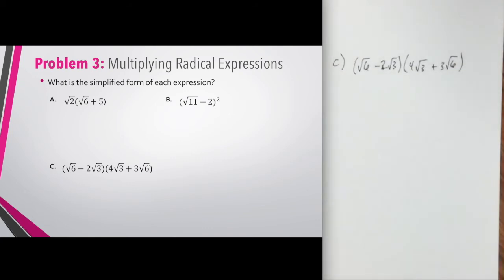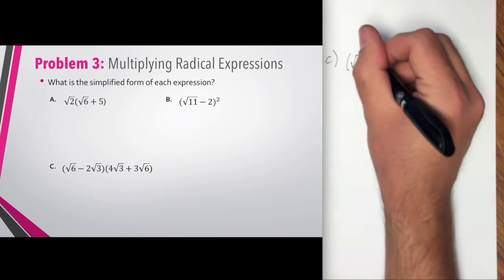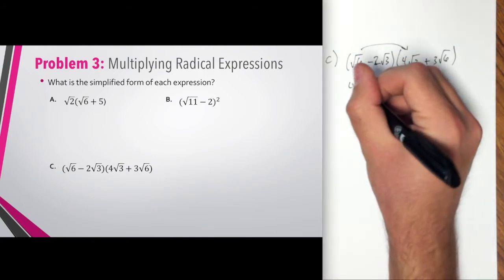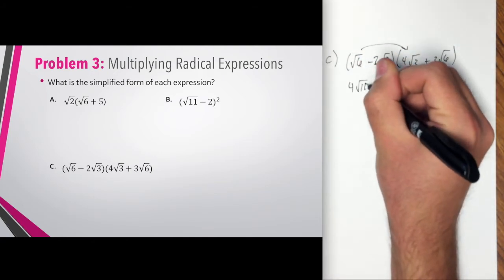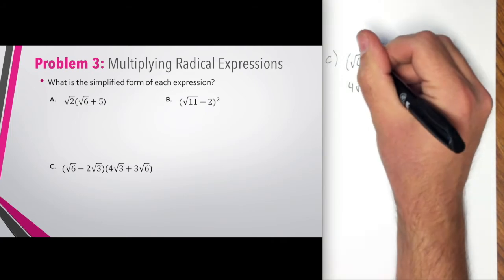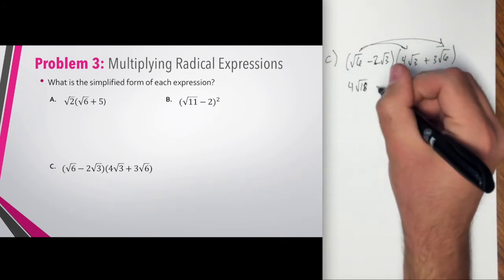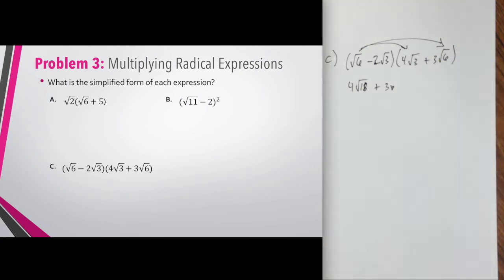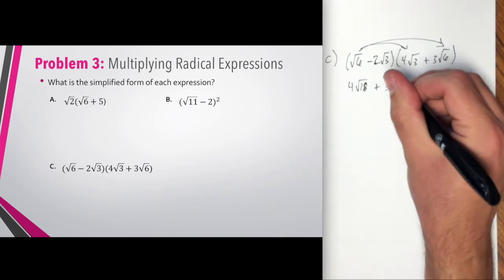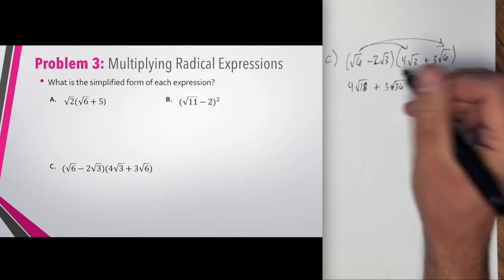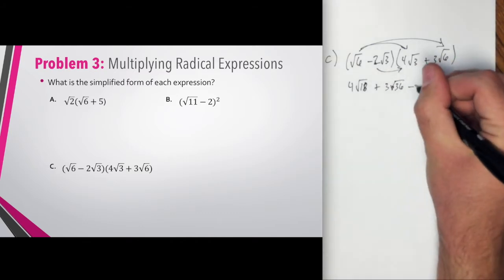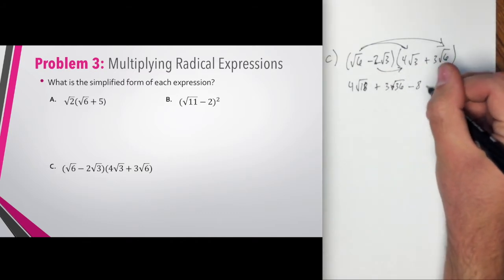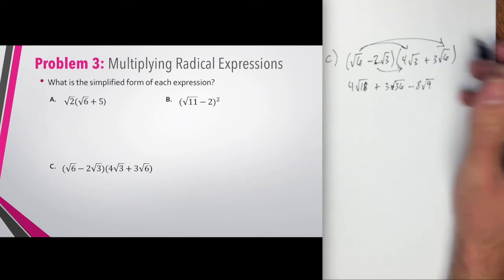Okay, again, FOIL or distribution. First one is 4 square roots of 18. Outer would be plus 3 square roots of 36. Inner would be negative 8 square roots of 9.